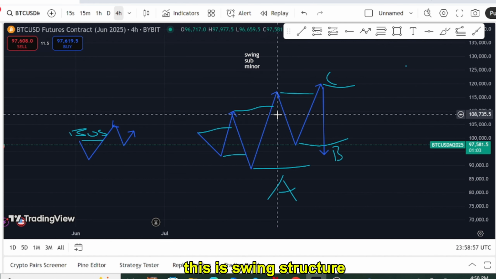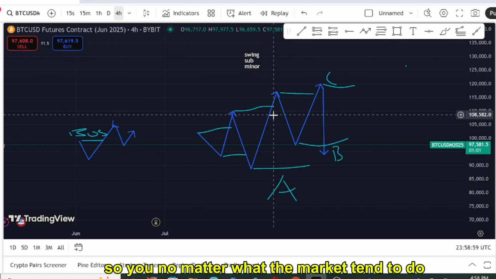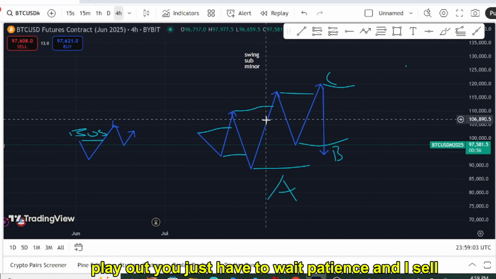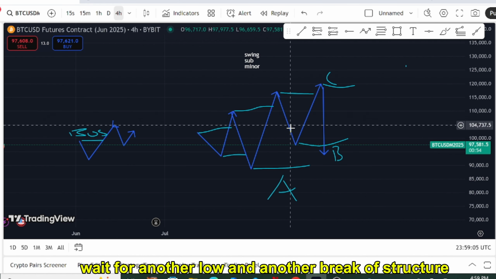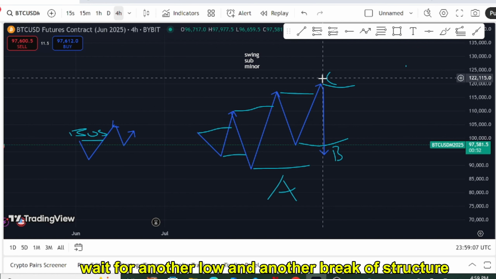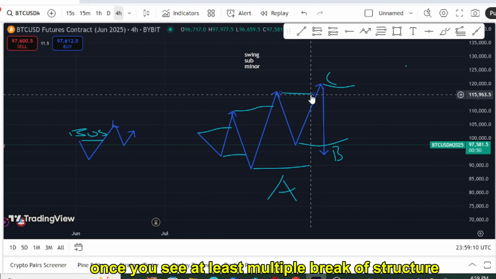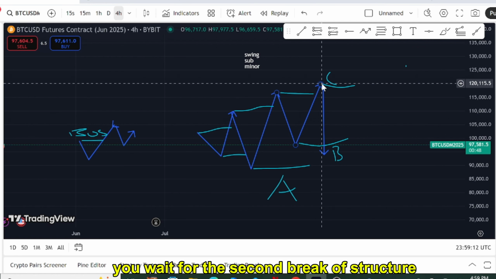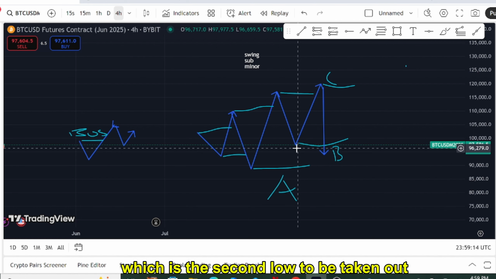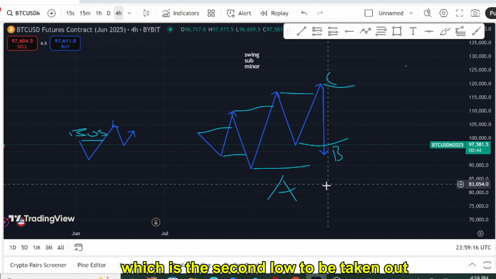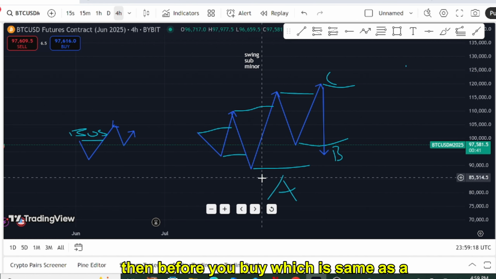This is swing structure. So no matter what the market does, no matter how liquidity plays out, you just have to be patient and wait for another low and another break of structure. Once you see multiple breaks of structure, you wait for the second low to be taken out, then you buy, which is the same as A.